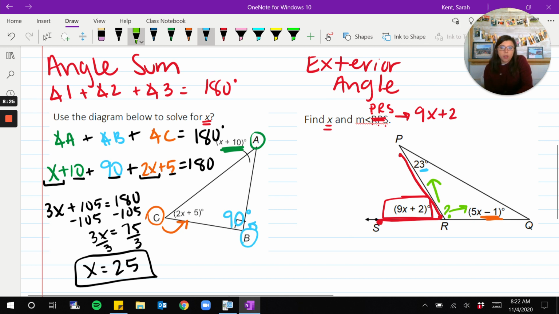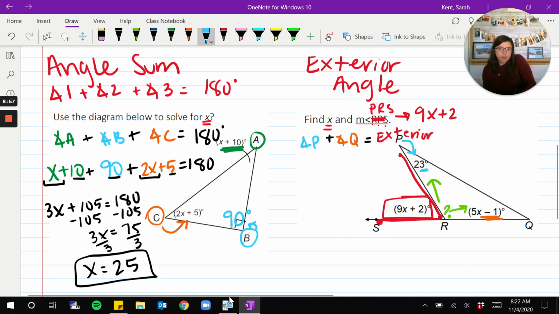So what I can look at is angle P plus angle Q is going to equal our exterior angle. So if I go to plug in for angle P, I've got 23.